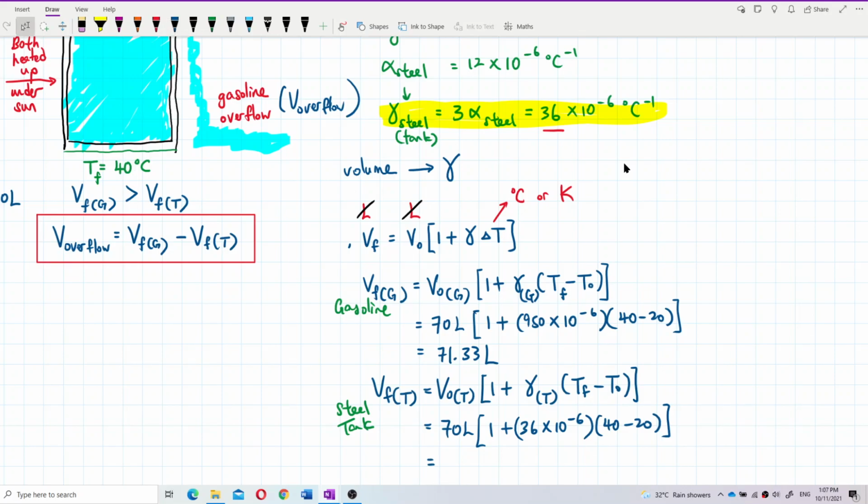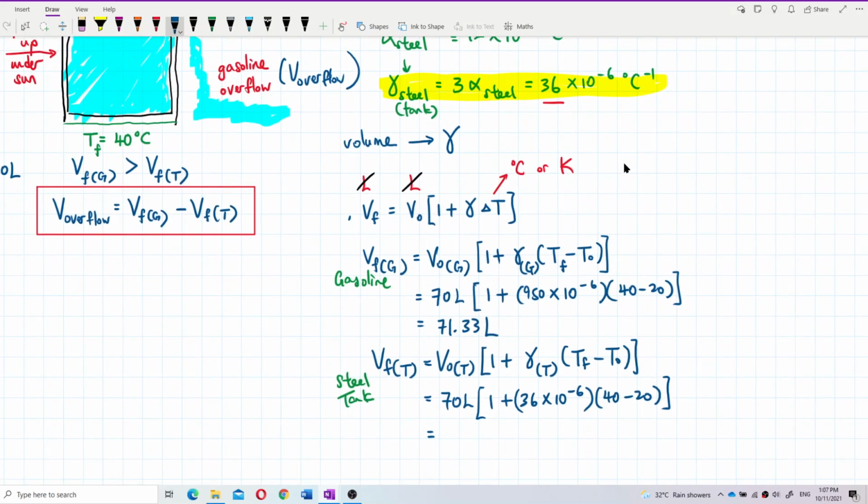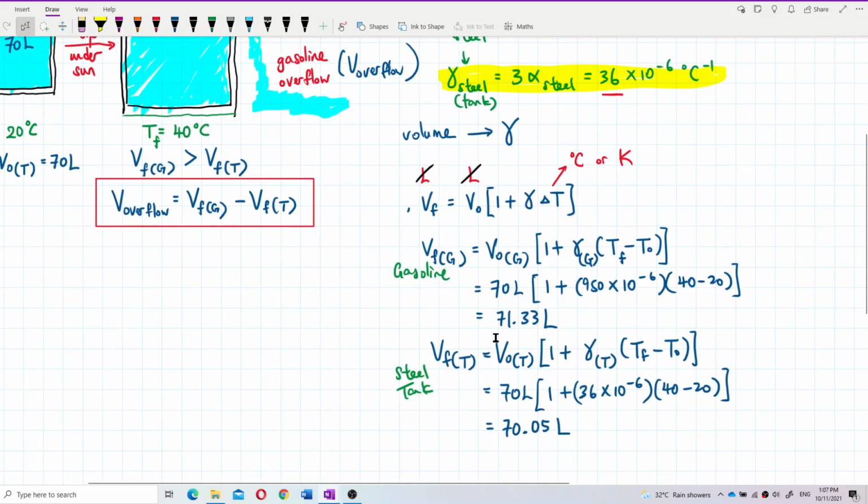I got the answer 70.05 liter. So you see, the tank expands slower, only to 70.05, but gasoline is a liquid and expands faster, to 71.33. So how much overflows? The tank expands from 70 to 70.05, but the gasoline expands from 70 to 71.33.